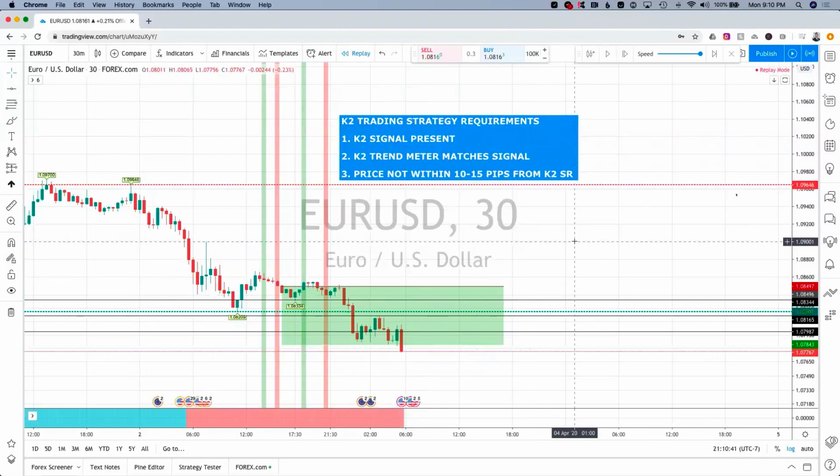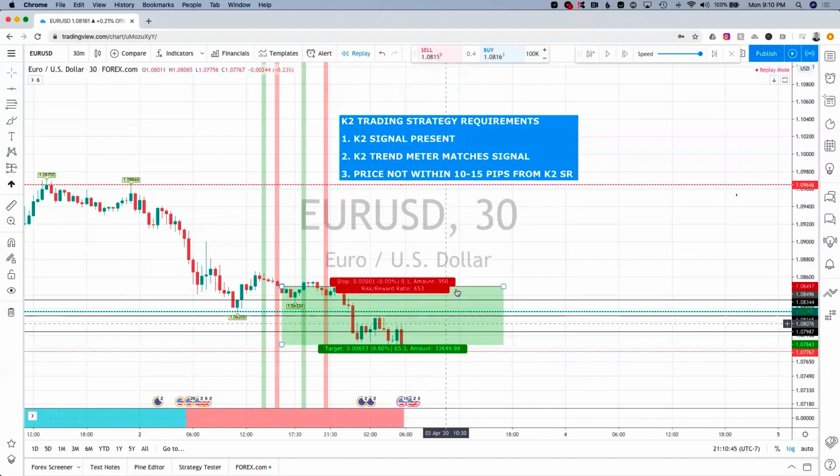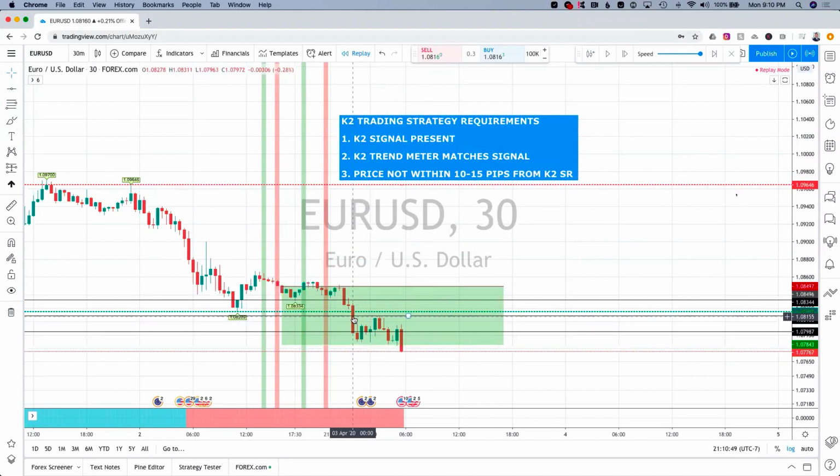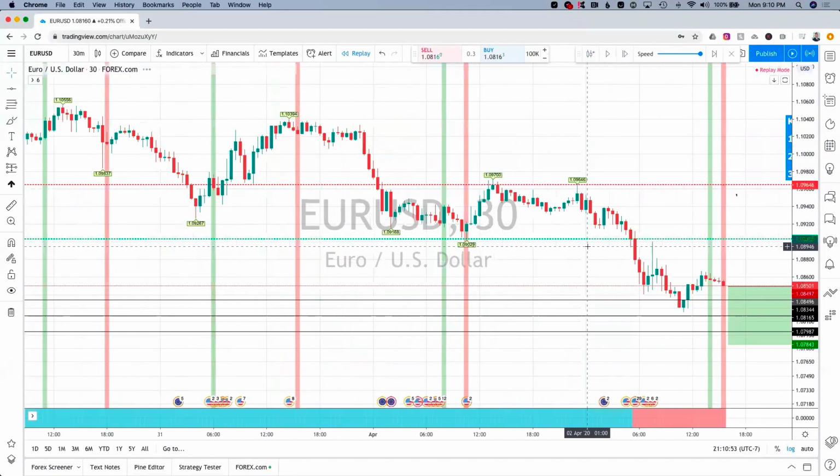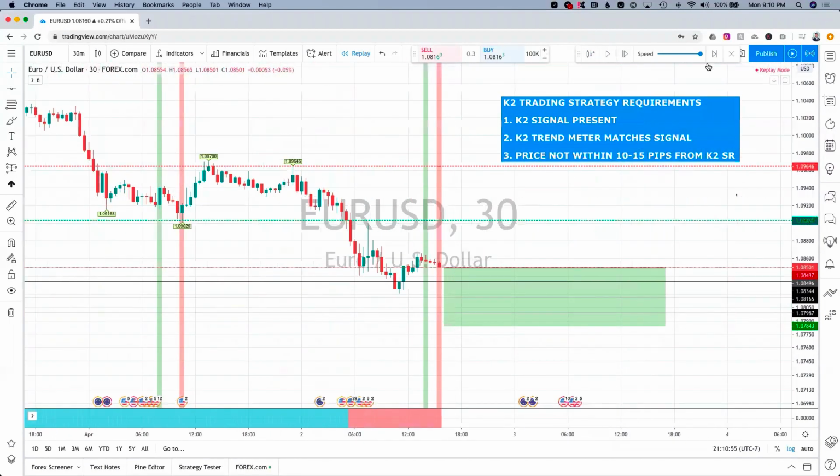But if you're trading a major pair like Euro USD or GU, then I would either let it run to full profit or move it to break even once it reaches 50%. So if you did that here and you let price run to 50%, I'm just going to take this off.